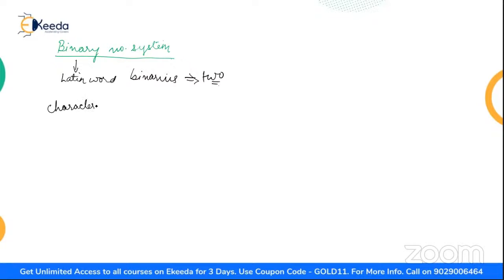What is its characteristic? It is represented by 2 symbols, 0 and 1. It is also positional.